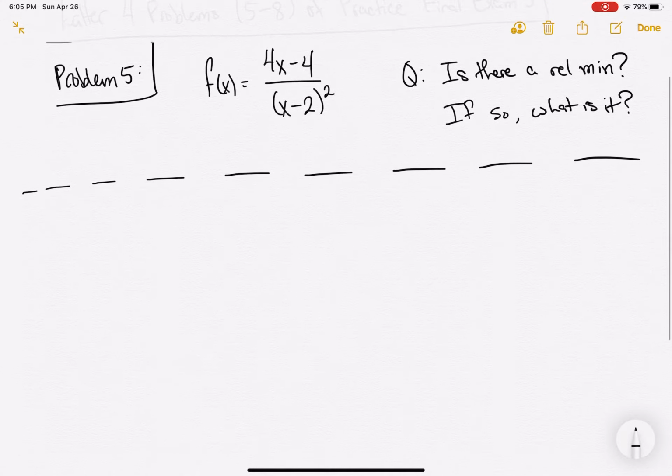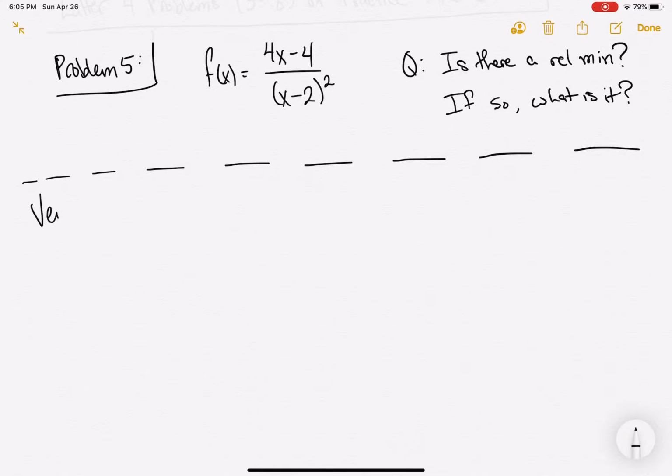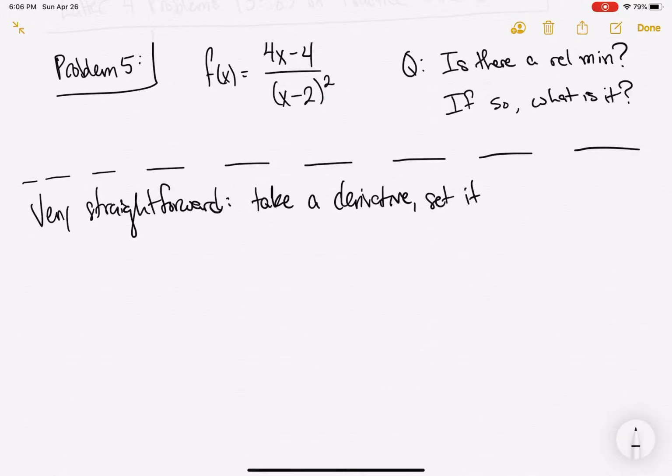As always, this is very straightforward. Take a derivative. Set it equal to 0. Solve for x.